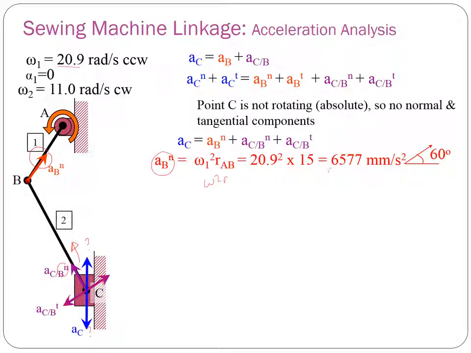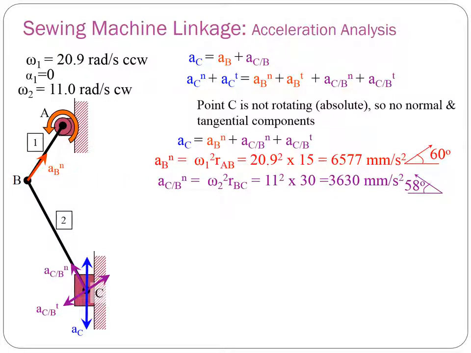So the normal acceleration is 6577 millimeter per second square at an angle of 60 degrees. Where do you get the 60 degrees? Simply because if you look here, this is 30 degrees, so this will be 60 degrees. Let's clear first.